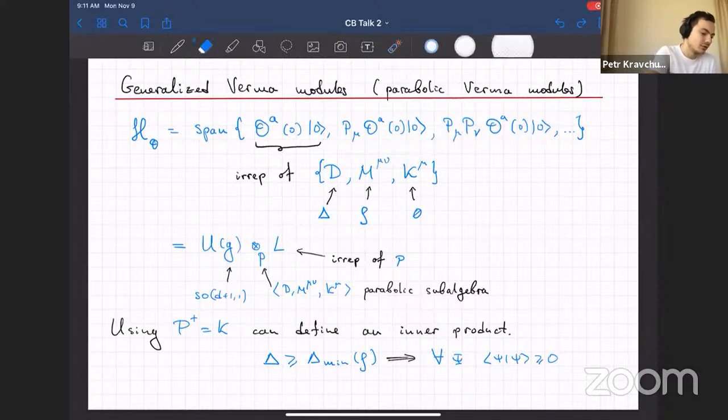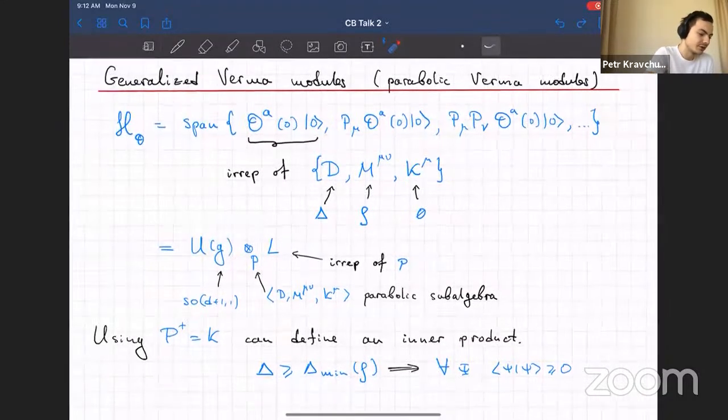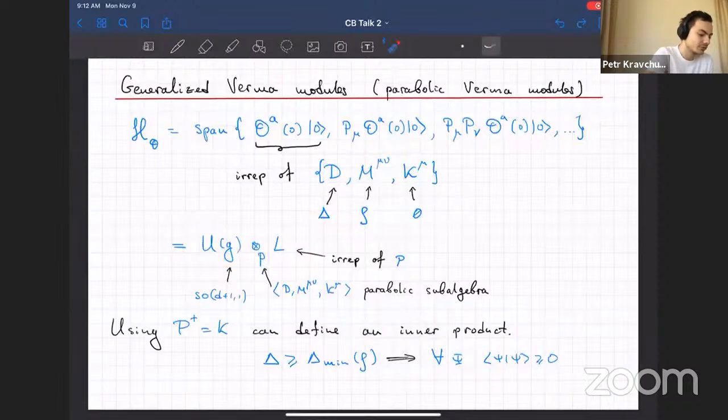If we look at the lowest dimensional state here, then the states labeled by different spin indices on the operator O form an irreducible representation of the algebra generated by dilatations, rotations, and special conformal transformations. The dilatations act on the states simply by Delta, the scaling dimension of O. The rotation generators act by matrices of some irreducible representation rho of SO(d), and special conformal generators just act by 0.